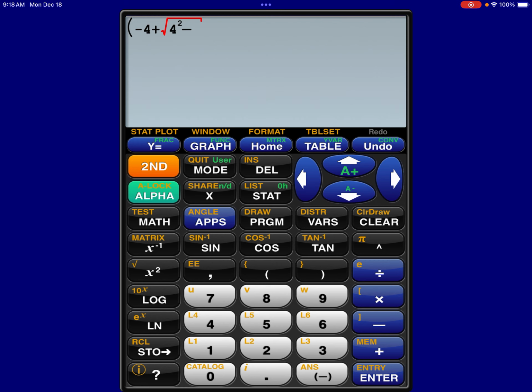So b squared minus 4 times a, which was a negative 1, and then use parentheses so it understands this is multiplication, and then times the 2. Right now the little arrow is inside the square root, so I just need to use the right arrow key to get out of the square root, and then put parentheses to say this is the numerator.